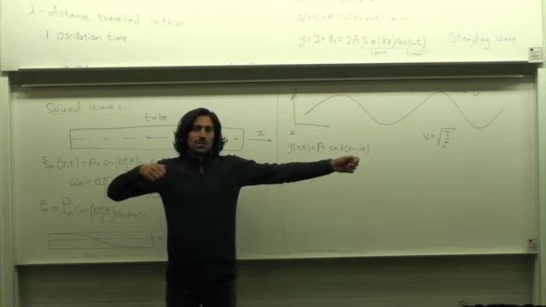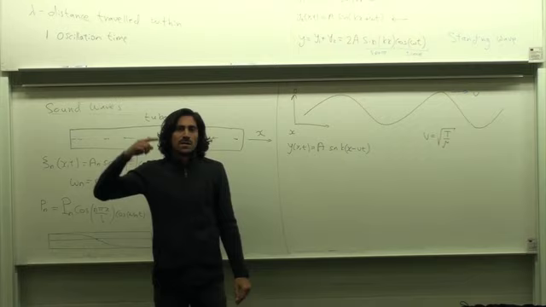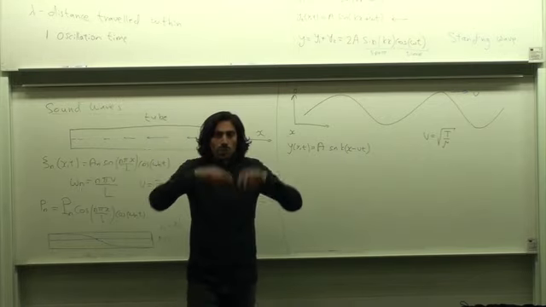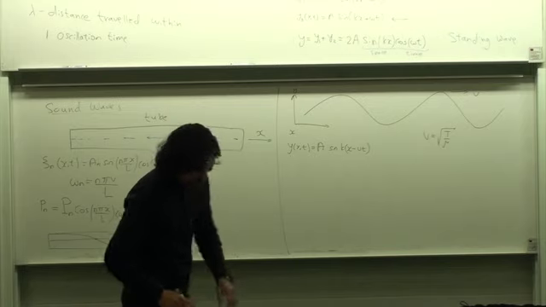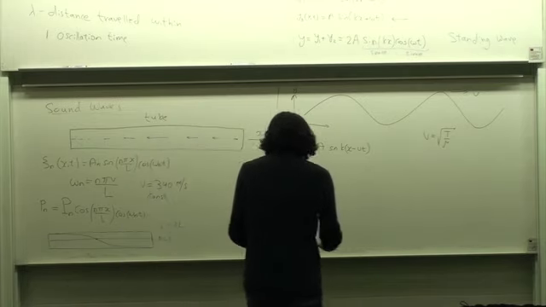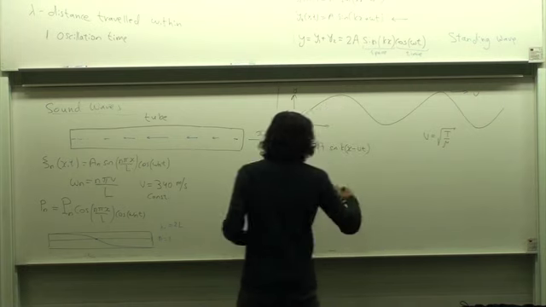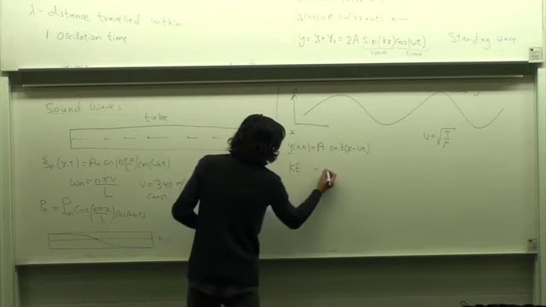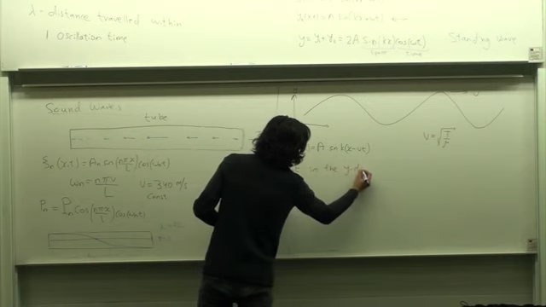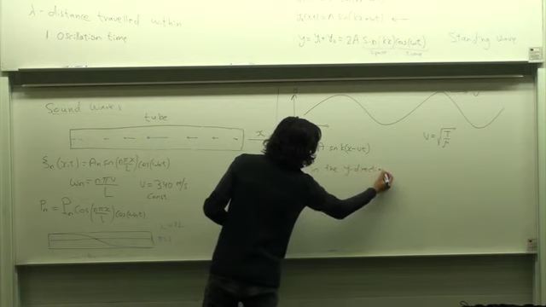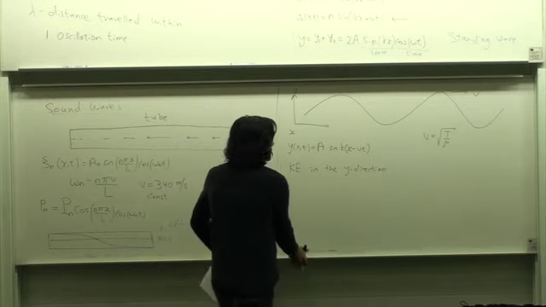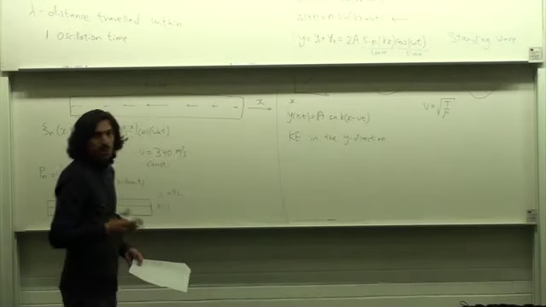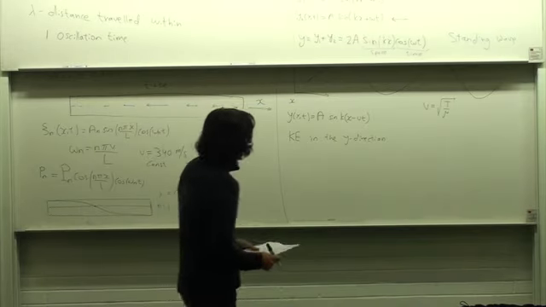I just give it a disturbance and it's attached from both sides. And the disturbance is traveling in that direction. But all the movement is really in the y direction. So if there's movement in the y direction, there should be a kinetic energy in the y direction. So we want to calculate this kinetic energy.